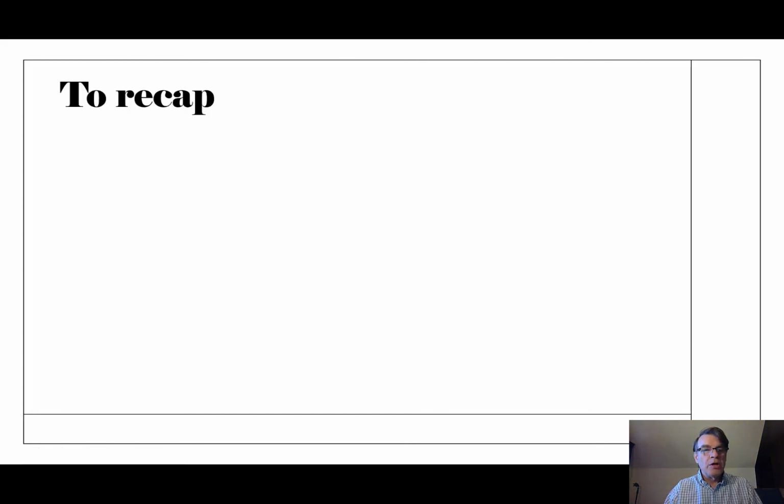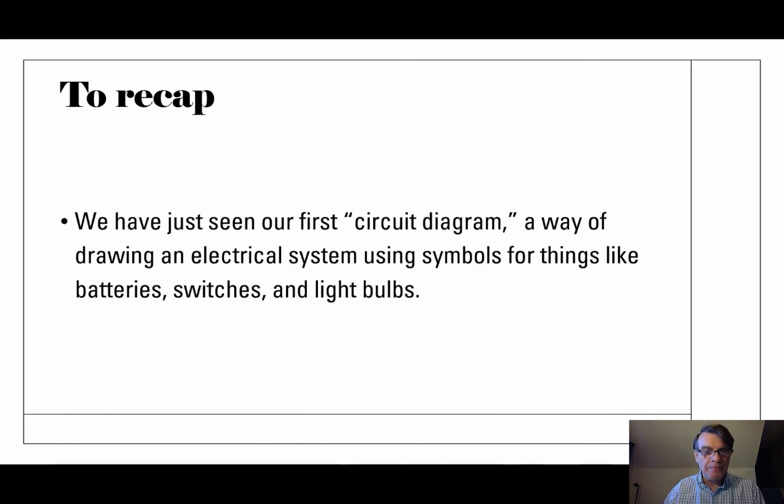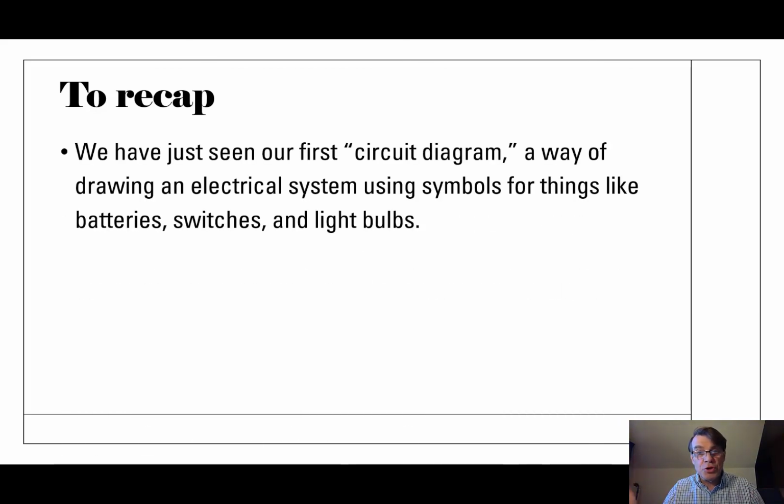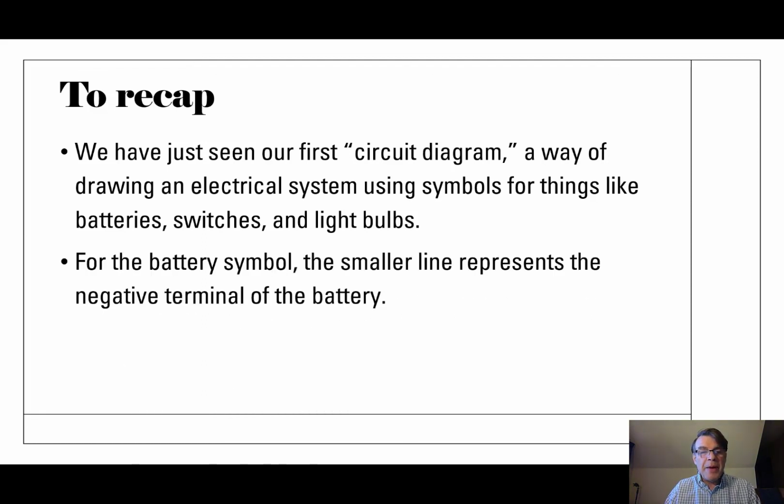So to recap, what have we said in this video? We have just seen our first circuit diagram. That picture on the previous slide is a circuit diagram. It's a way of drawing, so that we can see it, an electrical system using symbols for things like batteries, switches, and light bulbs, and many other things, as we will see. For the battery symbol, the smaller line represents the negative terminal of the battery.